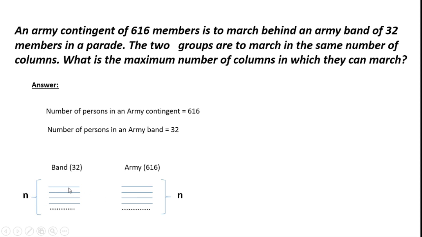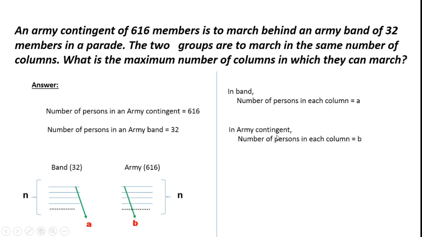In each column, how many members are there? That also we don't know, so consider some variables. In the band, the number of persons in each column is A. In the army contingent, the number of persons in each column is B. We already know the number of persons in the army contingent is 616 and in the army band is 32.